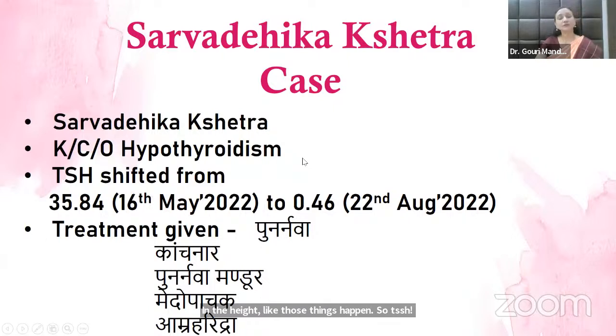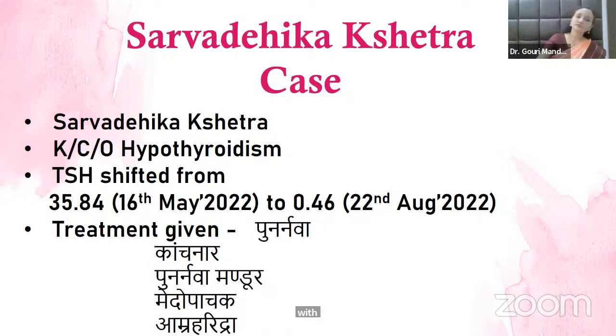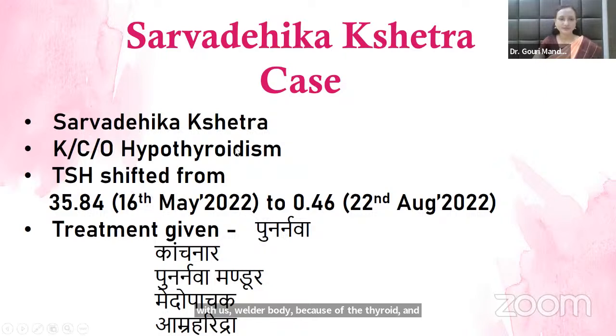For this, what we generally give to the patients are Punarnava Gugul, Punarnava Mandur, and Kanchanar Gugul. Kanchanar is already a Gandamala nashak, and Punarnava is shothaghna. So when Punarnava is given, the overall edematous, swelled up body because of the thyroid reduces, and because of that Punarnava is given to patients having hypothyroidism.